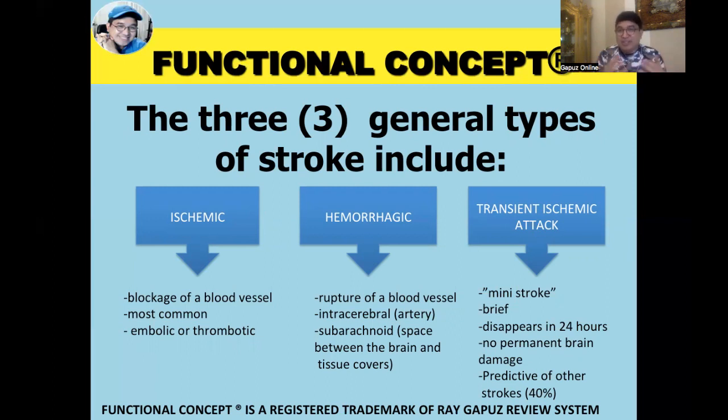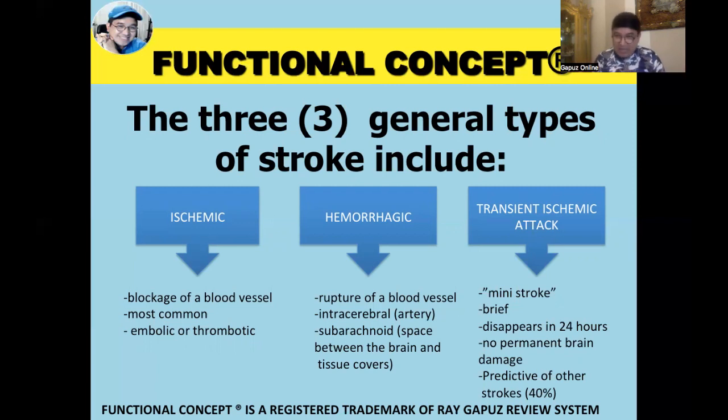But definitely, the goal of care would be different. In ischemic, you will have to prevent blood clotting. In hemorrhagic stroke, you will have to prevent bleeding. So in essence, you may want the blood to at least clot to prevent the effects of hemorrhage or bleeding in the brain. And then we have a condition called the mini stroke.